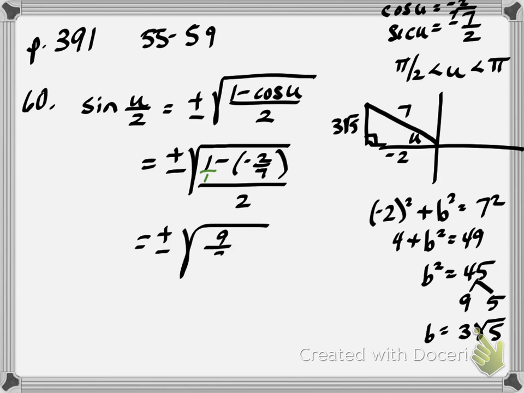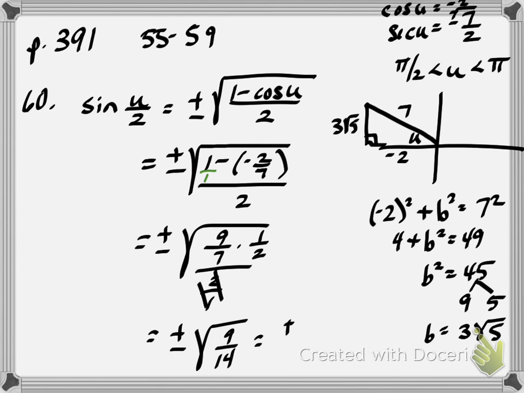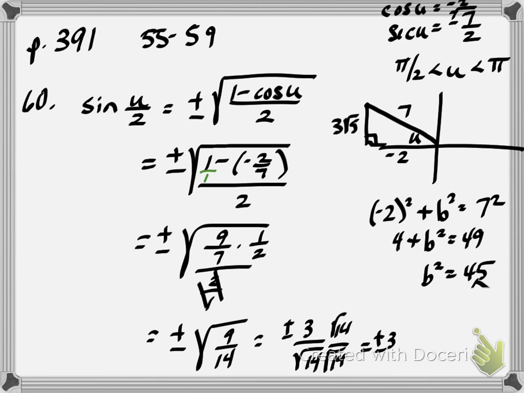That's 9/7 over 2. Make 2 a fraction. Flip and multiply by the reciprocal. So that's plus or minus 9/14. Take the square root of the top and the bottom. That's plus or minus 3 over square root of 14. Rationalize. So that's plus or minus 3 square root of 14 over 14 for your half angle formula.